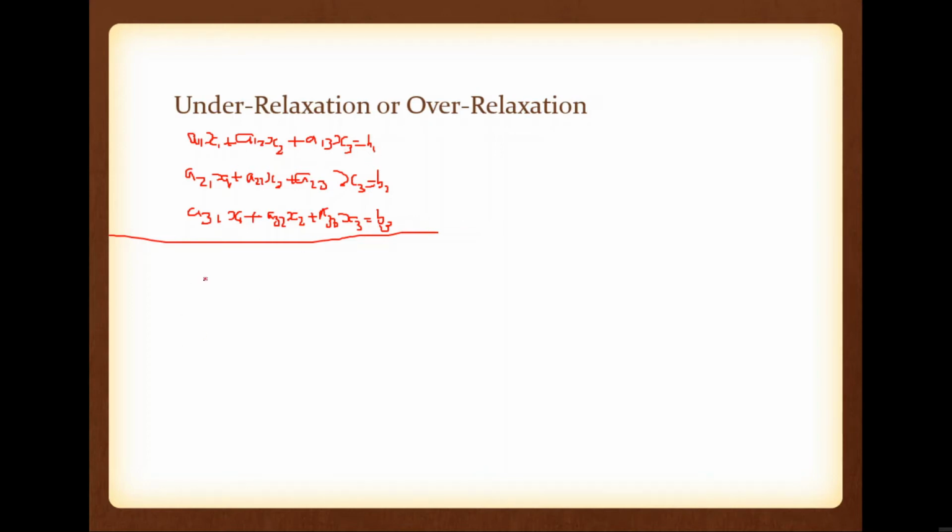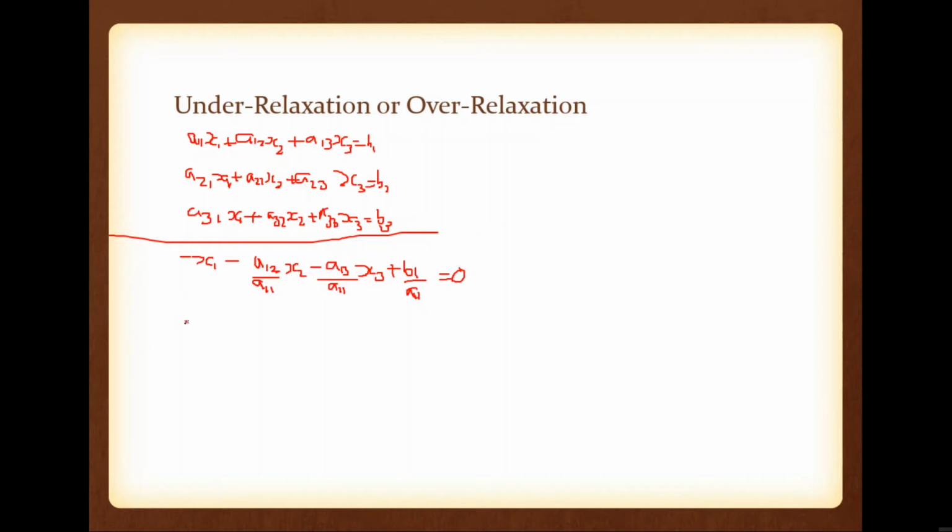So the new system is minus x1, because that one is a diagonal element, so its coefficient must be minus 1, then minus a12 divided by a11 into x2, then minus a13 divided by a11 into x3, plus b1 divided by a11 equal to 0.